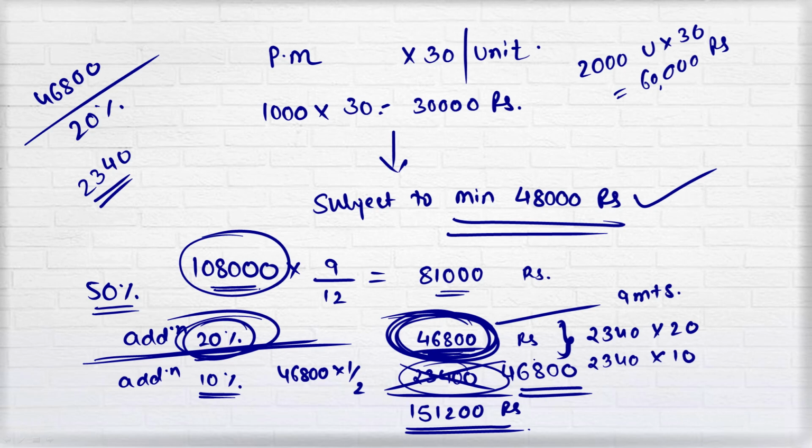Which I think as per language is not correct. What is written? Your cost will increase by 46,800 for every 20% increase in capacity or part thereof. Or part thereof. Is it alright? This is nothing but, I'll tell you, try to understand what is this.